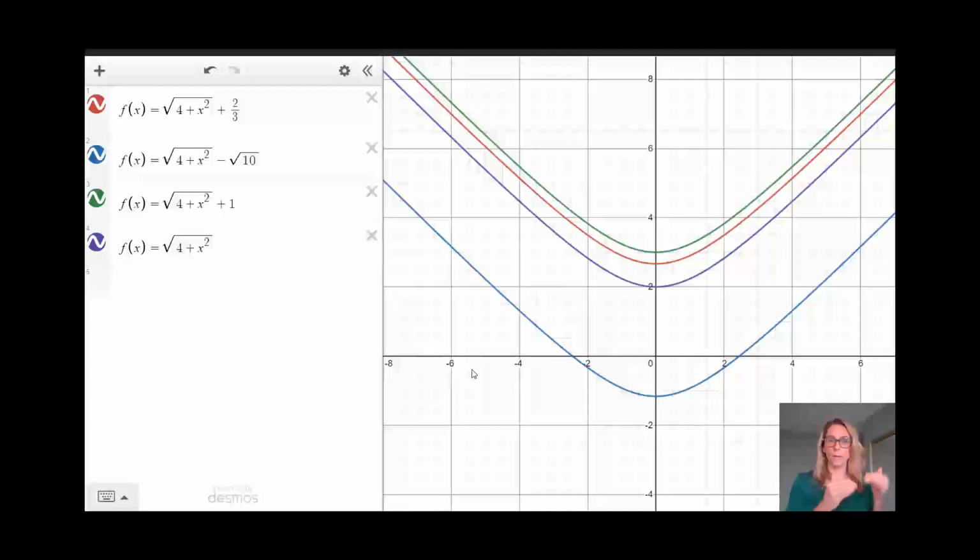The only difference, as you can see, is that the c is different, which of course creates a different y-intercept. If you were to choose any point on any of these graphs, so x being 1 or x being 5, you're going to find the same slope of the tangent line because the derivatives of all of these functions are exactly the same.